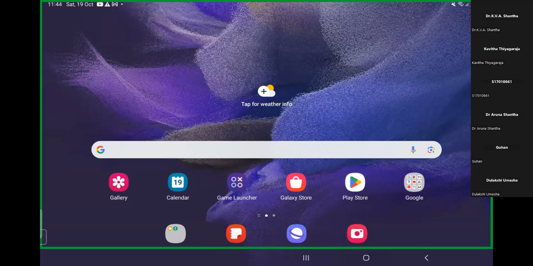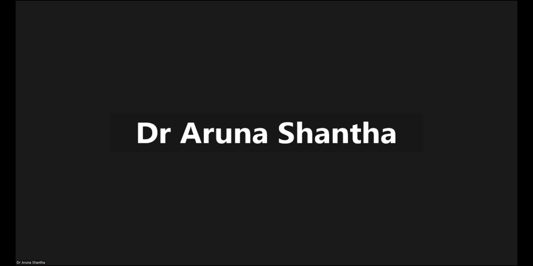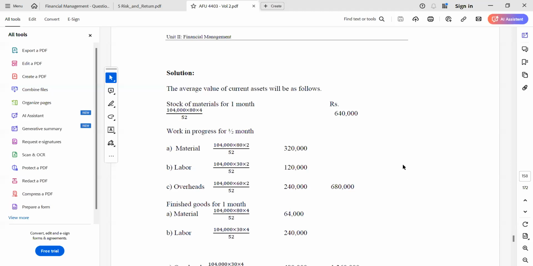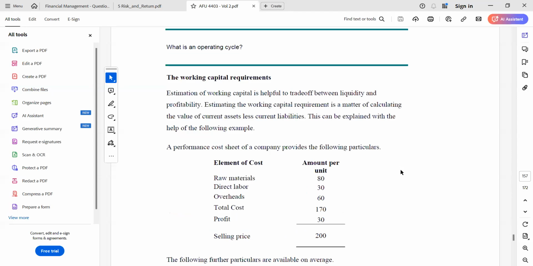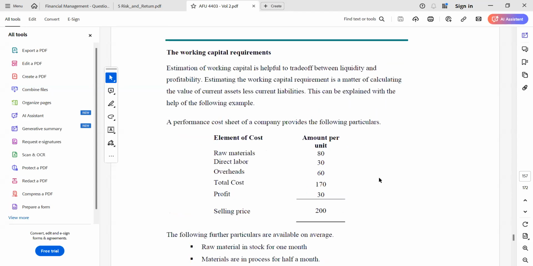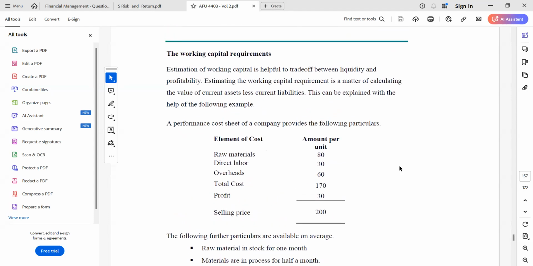What is the page number? Are you referring to this one?